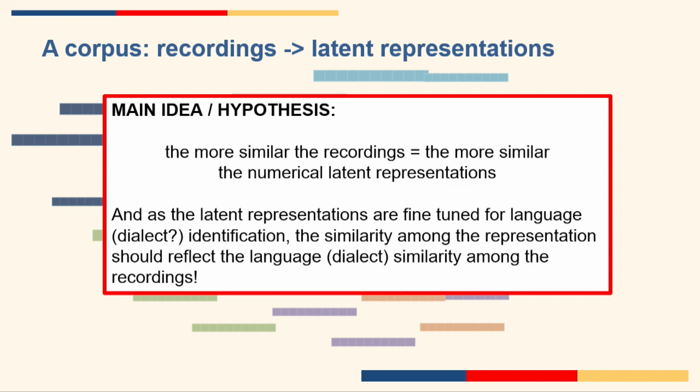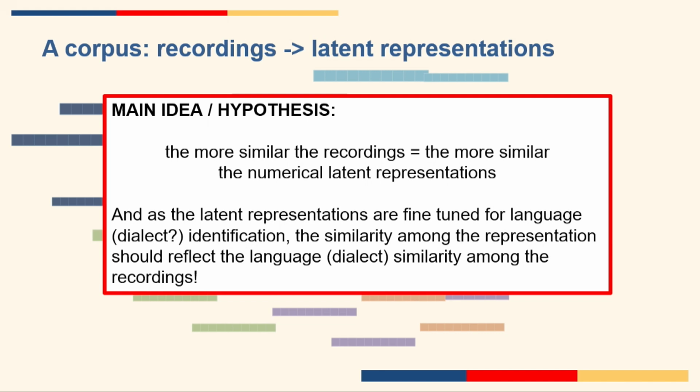In this particular case, because the latent representations, as we were talking until now, are fine-tuned for language or potentially dialect, we know that they work on dialect identification. The similarity among those vectors maybe corresponds to the language or dialect similarity among the recordings.